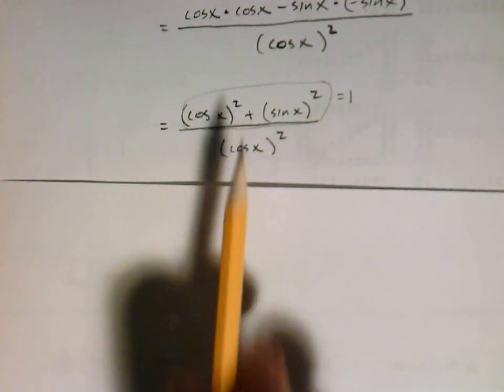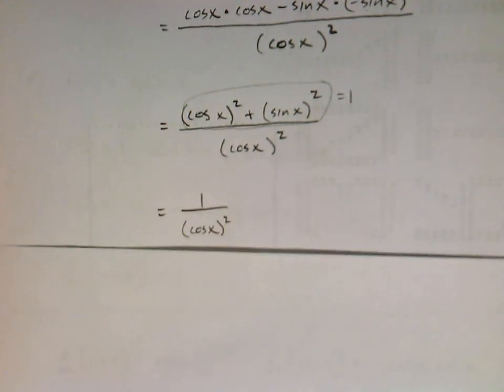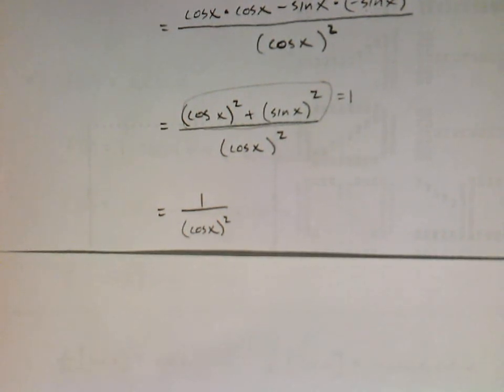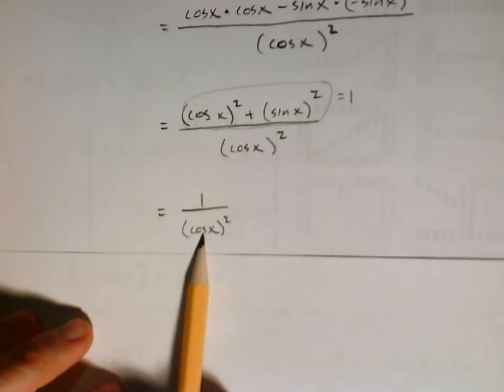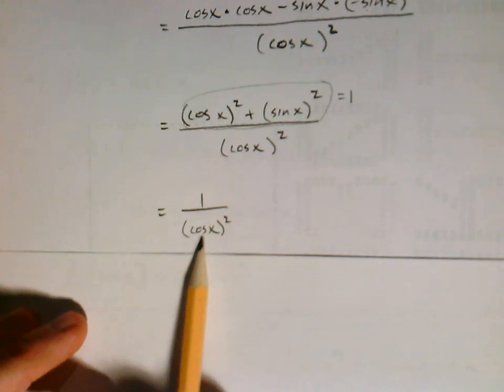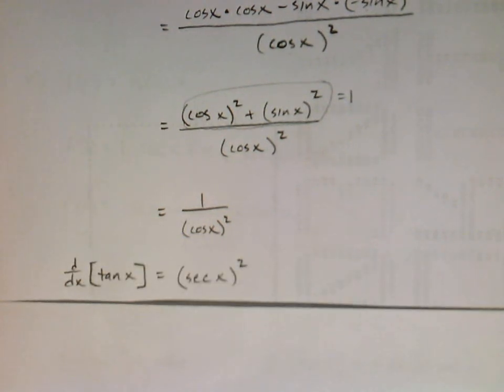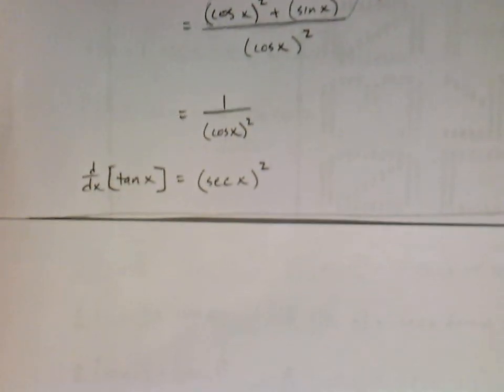Okay, so if that whole thing goes to 1, then of course it's 1 divided by the cosine of x squared. But wait a second, 1 divided by cosine of x. Does that sound familiar? That's the secant of x. So it turns out 1 divided by cosine of x squared is secant of x squared.